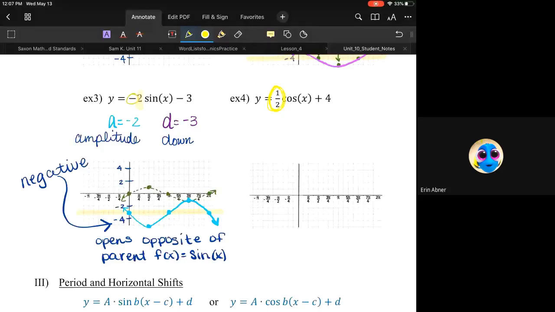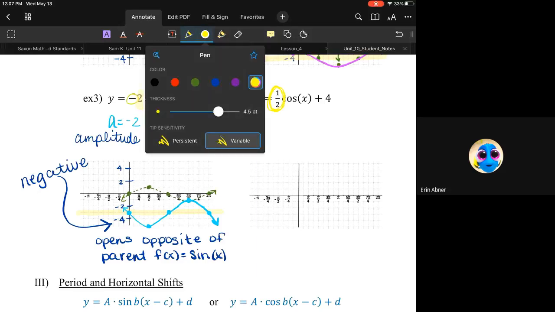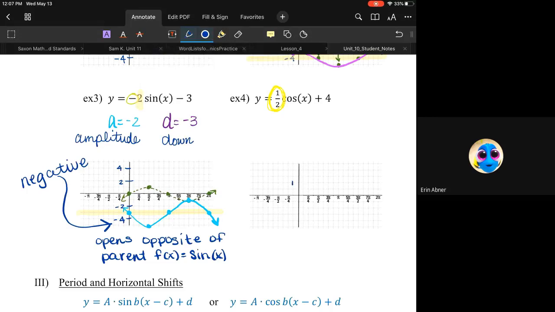So we are going to go ahead and graph our 1/2. And the way that that's going to look is we are going to set up our graph first, because that's always what we do first. So I'm going to give myself 1 here, and then 2 here, -1 and -2.